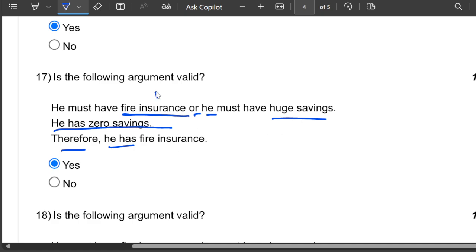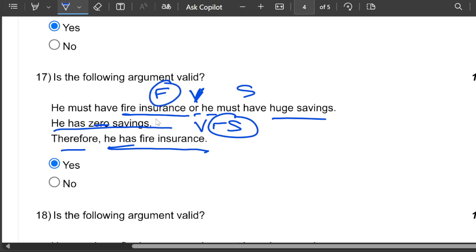So this is F union S, as we cannot derive this. Therefore, he has fire insurance. He has zero savings. We have the negation of this given as true. So it must be true: he has fire insurance.